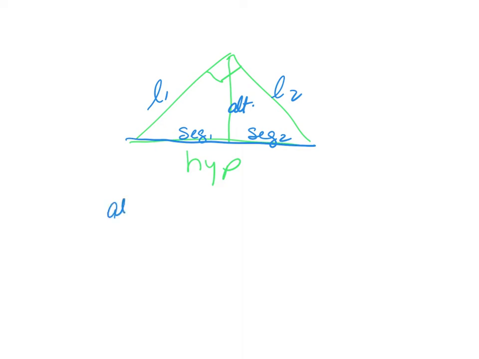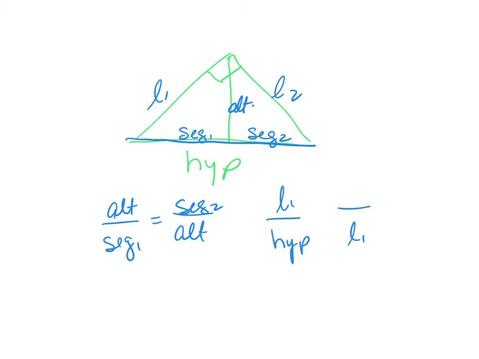The altitude is the geometric mean between the two segments it creates, segment 1 and segment 2. And leg 1 is the geometric mean between the whole hypotenuse and segment 1. And leg 2 is the geometric mean between the whole hypotenuse and segment 2.